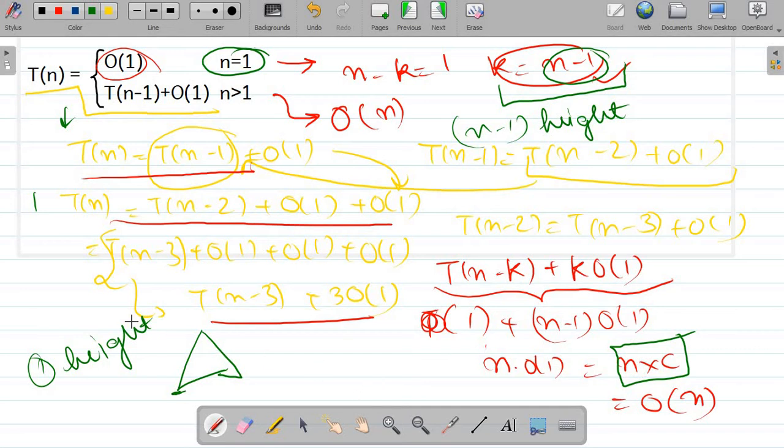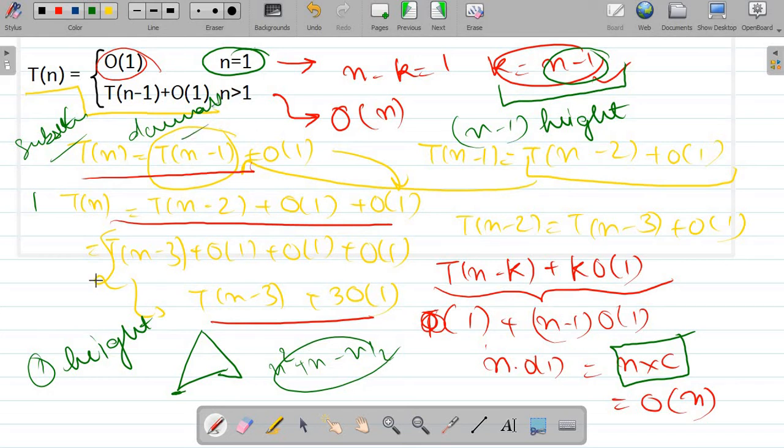The second thing that we see is, over here we got this as our answer, but in the upcoming examples you will see that the answer will have many terms such as n square plus n minus n by 2 and so on. So this tells us that the substitution method doesn't just give us the dominant term, but it also gives us the other terms.